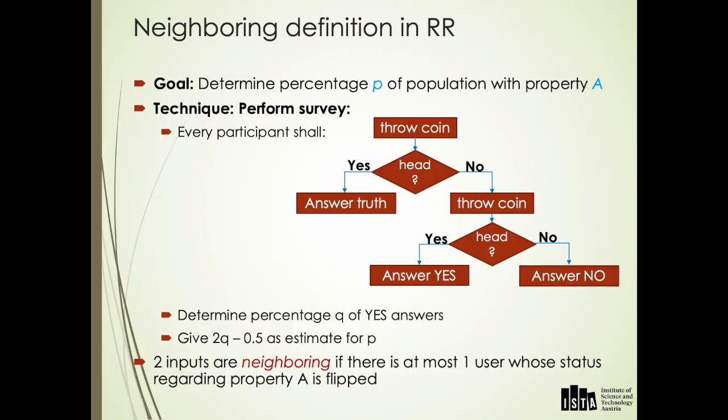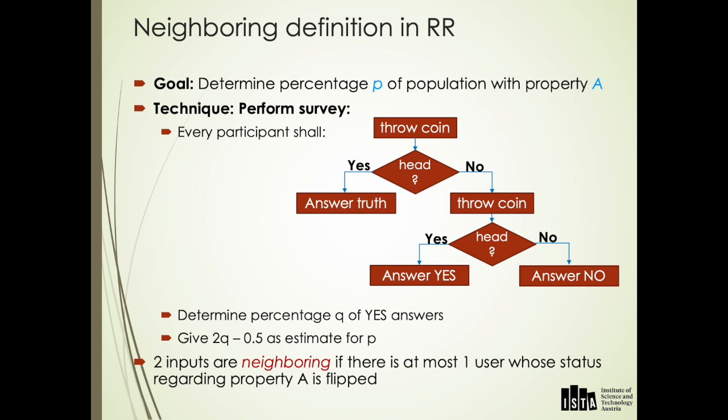Now let's go back and analyze randomized response. I claim randomized response is differentially private. The question is just for which value of epsilon. Okay. Now, but before doing that, we need to have a definition of neighboring, right? Because I told you, most important thing in the definition of differential privacy is you need to exactly specify what is neighboring. So here, for randomized response, you want to protect the bit of each individual user.